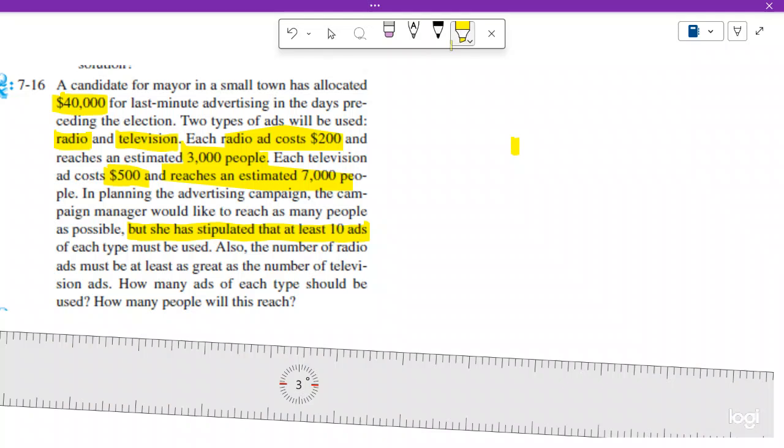For both, basically. Also, the number of radio ads must be at least greater than the number of television ads. How many ads of each type should be used?